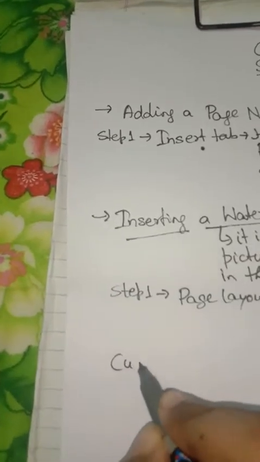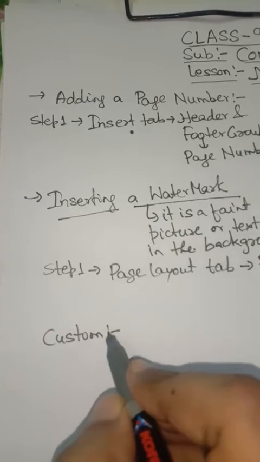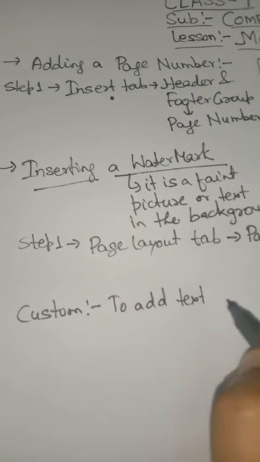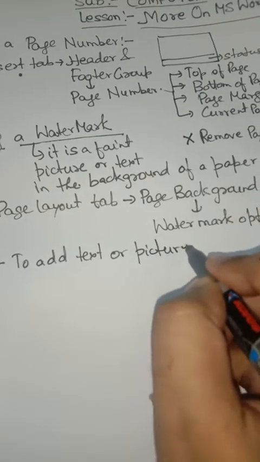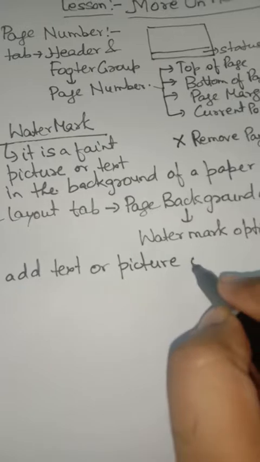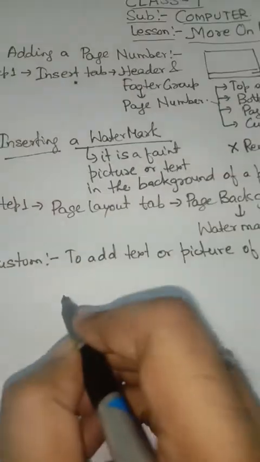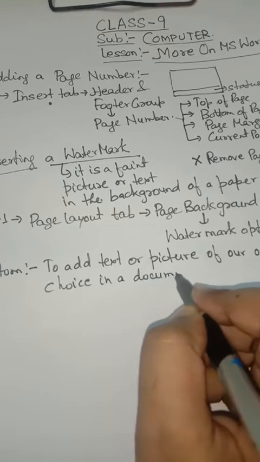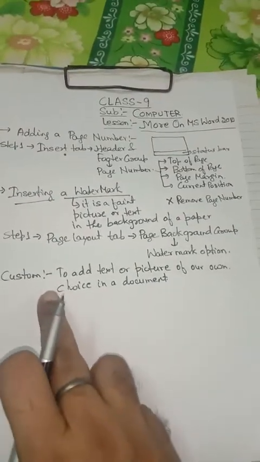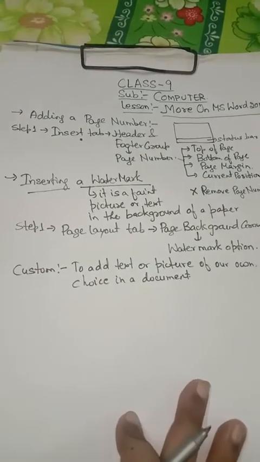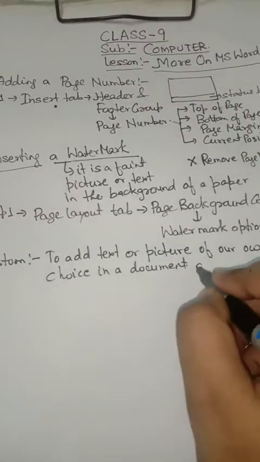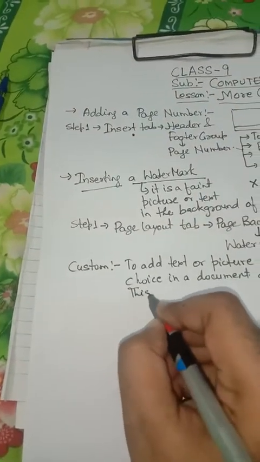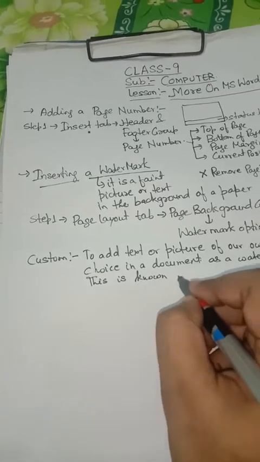Custom means to add a text or picture of our own choice in a document as a watermark. So this is known as custom watermark.